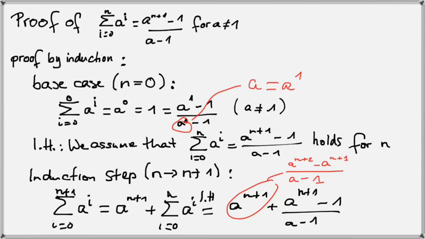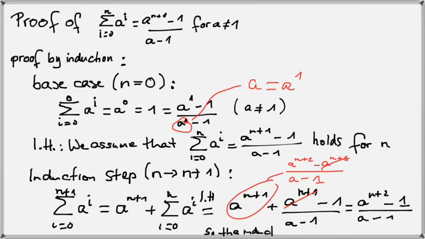So this first term is a to the n plus 2 minus a to the n plus 1 divided by a minus 1. What we now see is that I have a plus a to the n plus 1 and a minus a to the n plus 1, so those cancel. What remains is a to the n plus 2 minus 1 divided by a minus 1, which is exactly what we wanted, because if you plug in n plus 1 instead of n on both sides, this is exactly what we should get.